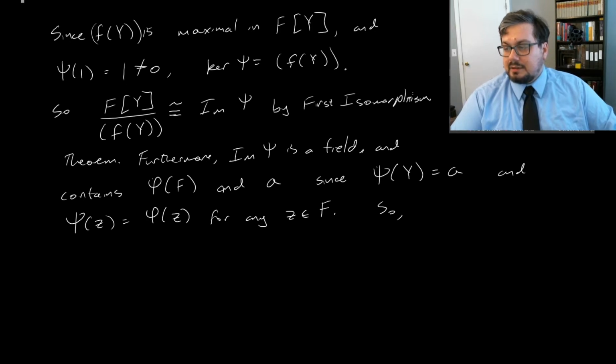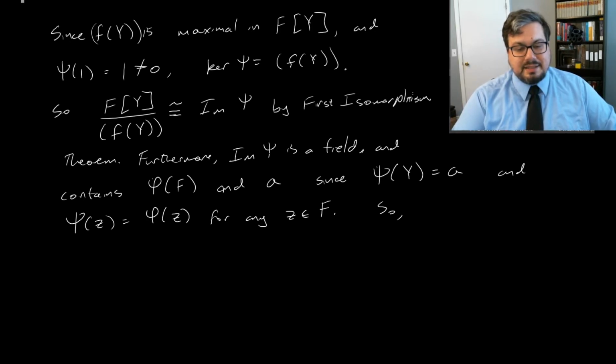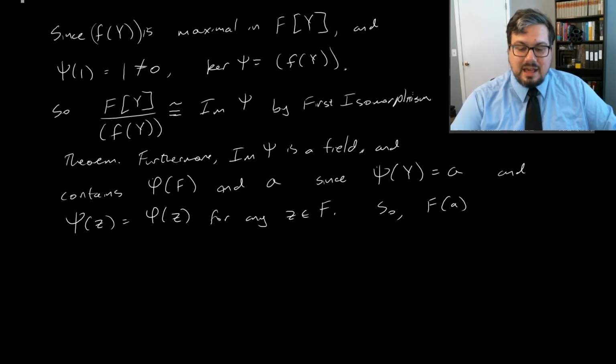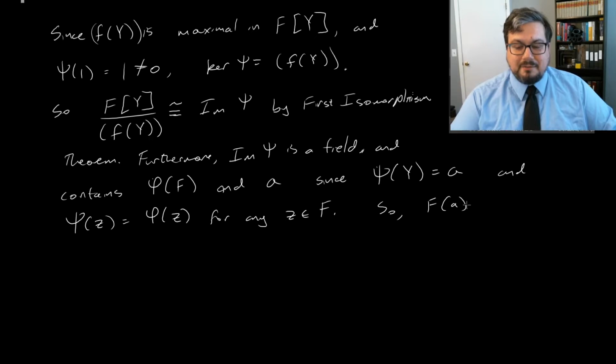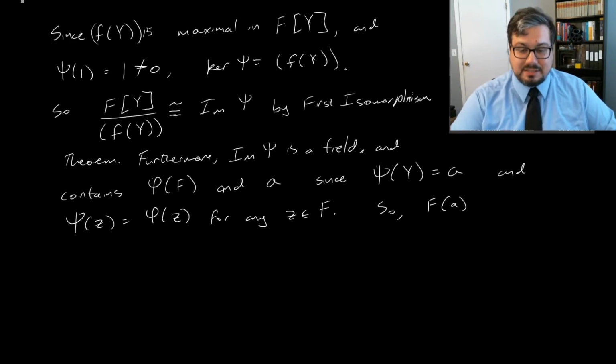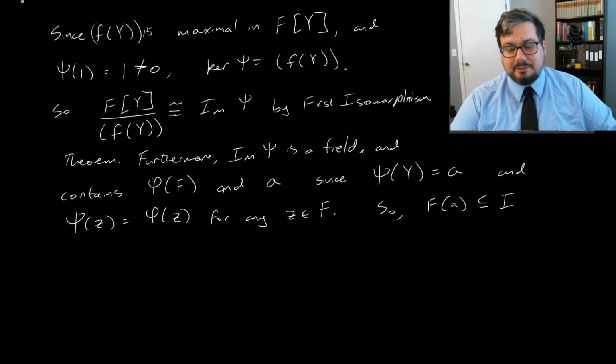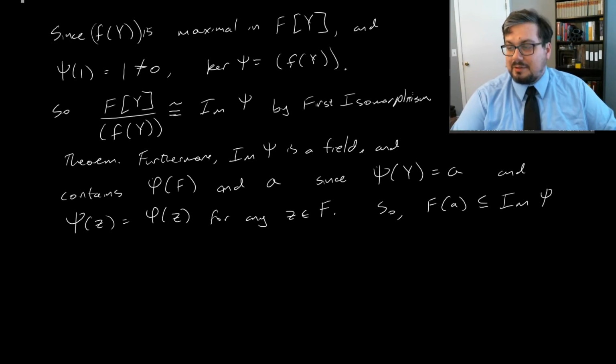So this is a field which contains phi of F and a, and since F adjoin a is the smallest field inside E which contains both of these things, we must have that F adjoin a is contained in the image of psi.